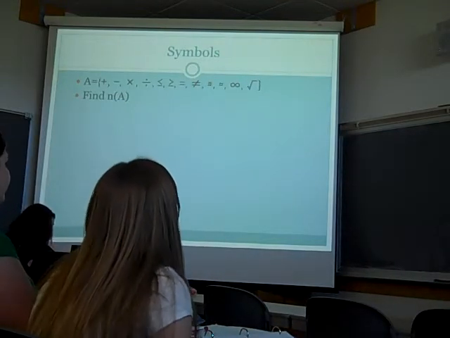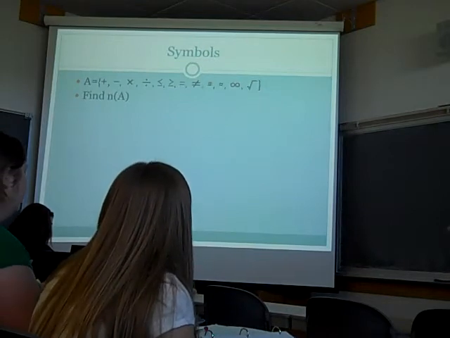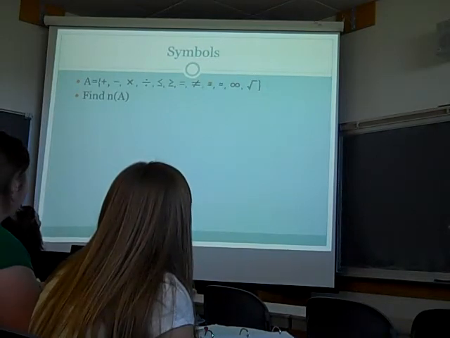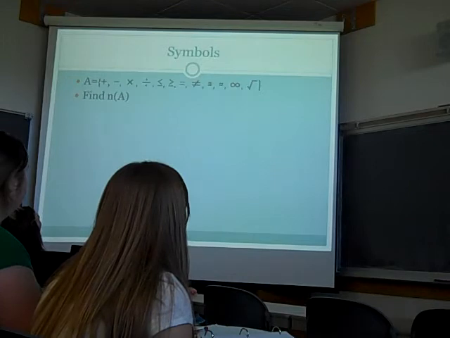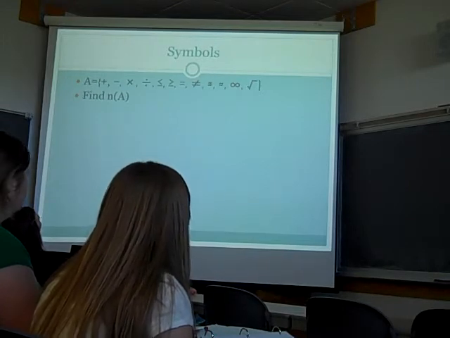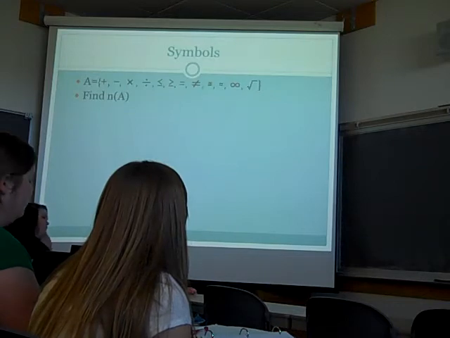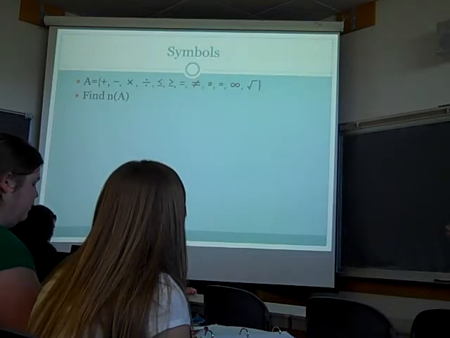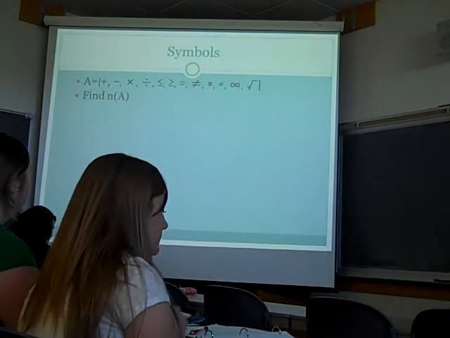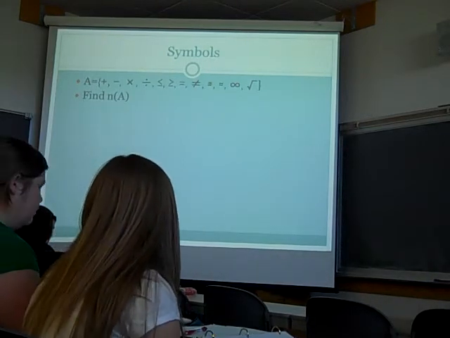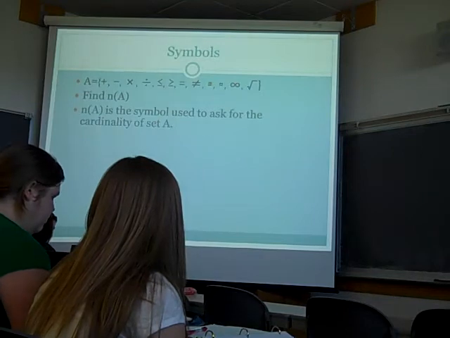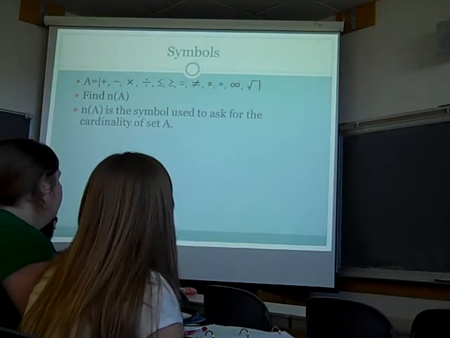What is the cardinality of A? 12. 12? Why? That's how many are in the set. Because there are 12 elements in this set. So, the cardinality of A is 12. Okay?